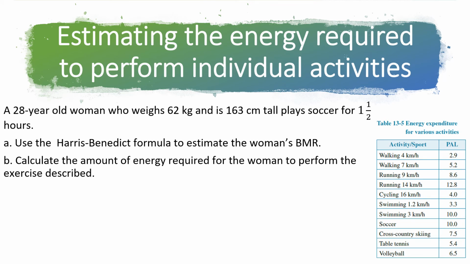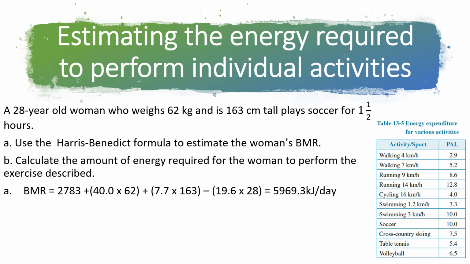So if we have a look at an example, a 28-year-old woman who weighs 62 kilos and is 163 centimetres tall plays soccer for 1.5 hours. Use the Harris-Benedict formula to calculate the woman's BMR.